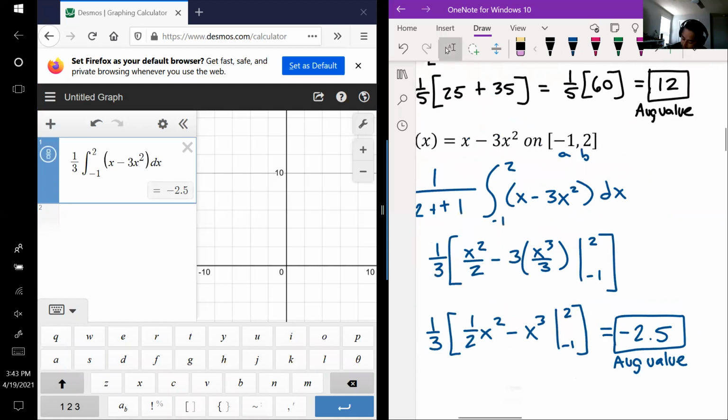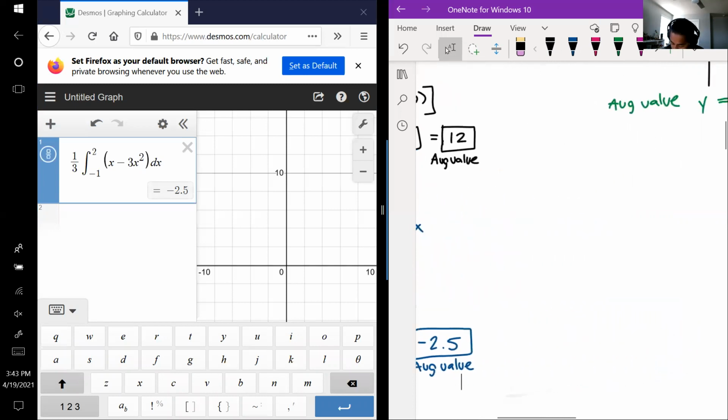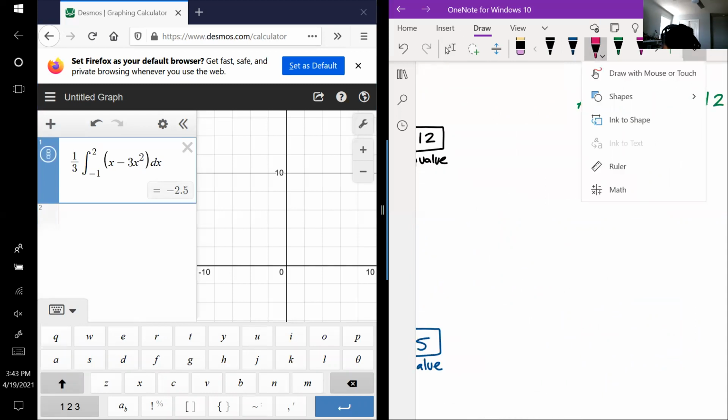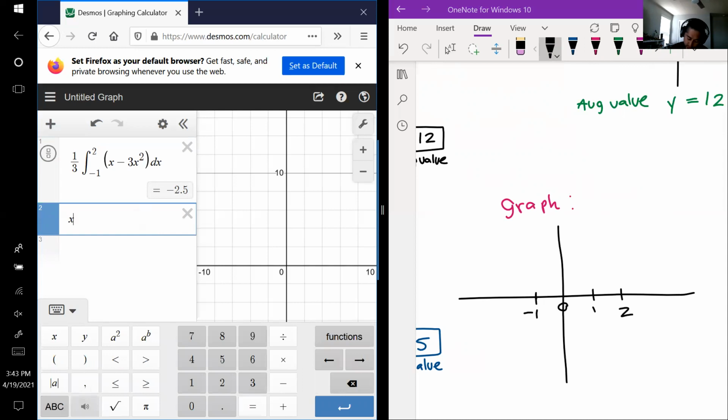Okay. And now we graph it. So say here's -1, 0, 1, and 2. And then let me type this function in, the regular one, x minus 3x squared. I think that's it.